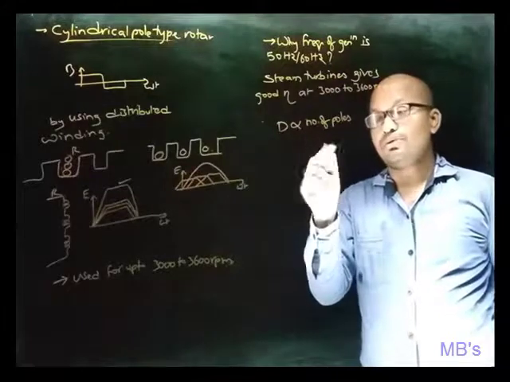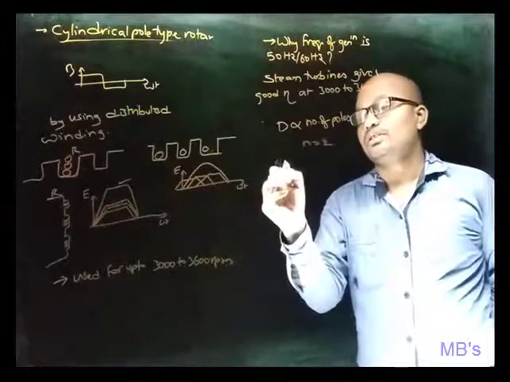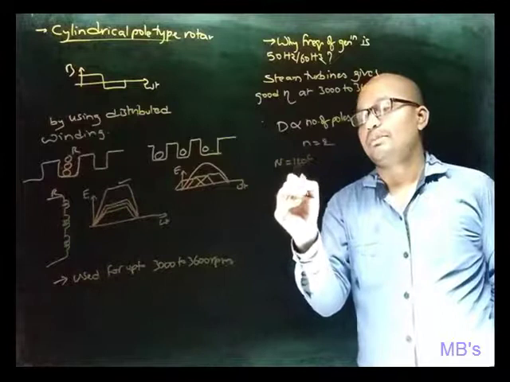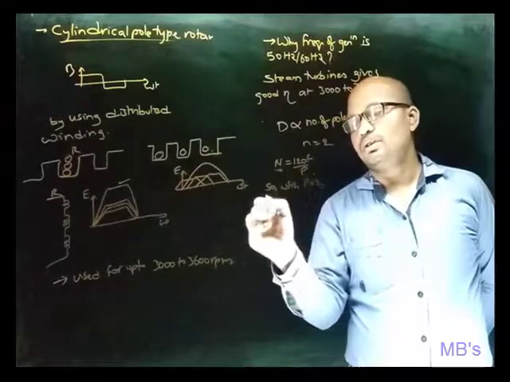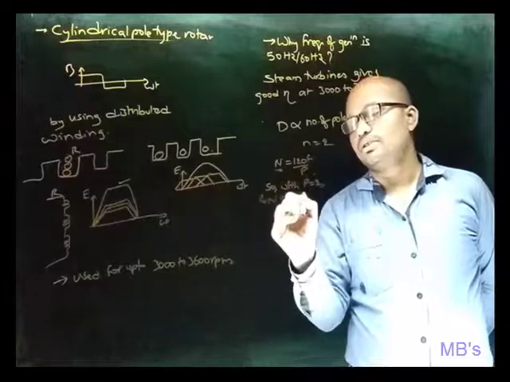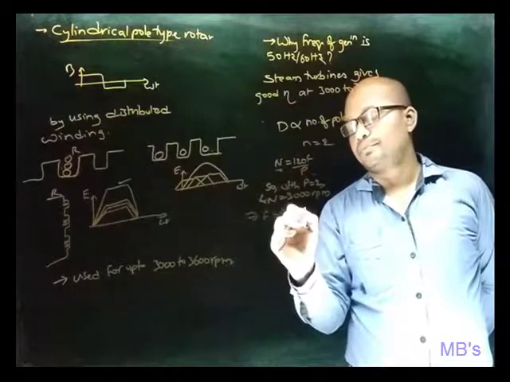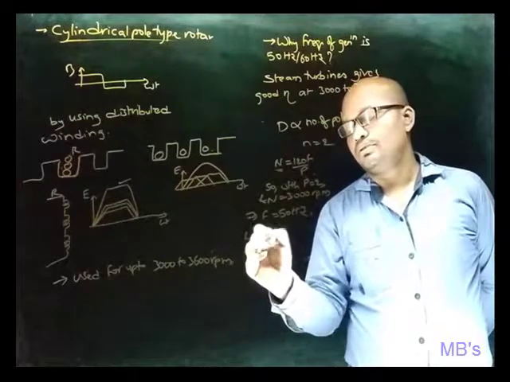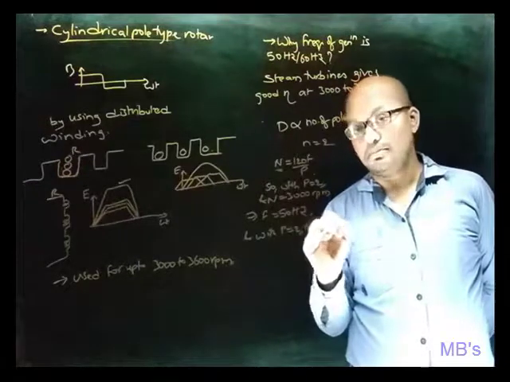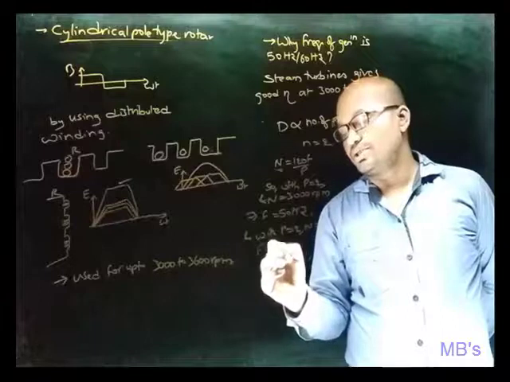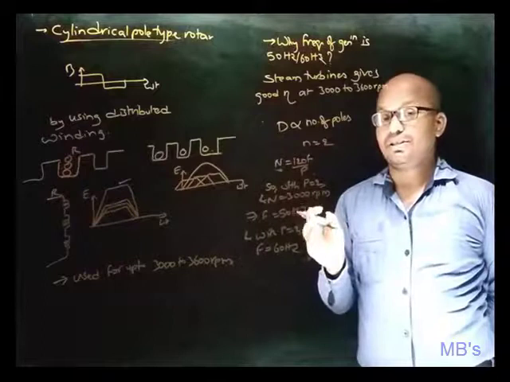The lowest possible number of poles is P equal to 2, and as we know that speed N is equal to 120 f by P, with P equal to 2 and N equal to 3000 RPM, the frequency we get is 50 Hz, and with P equal to 2 and N equal to 3600 RPM, f is equal to 60 Hz. So this is why the frequency of generation in some countries is 50 Hz and in some countries 60 Hz.